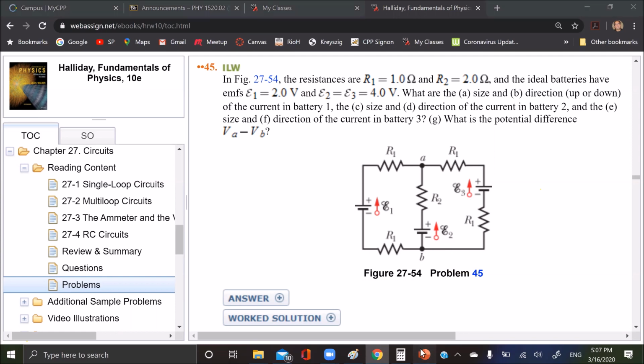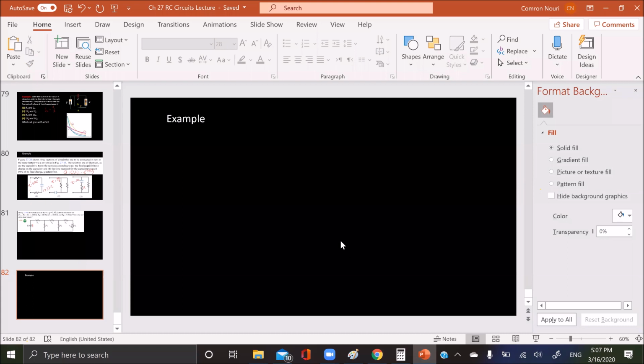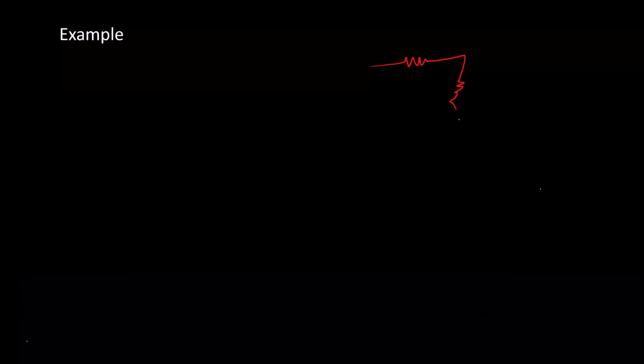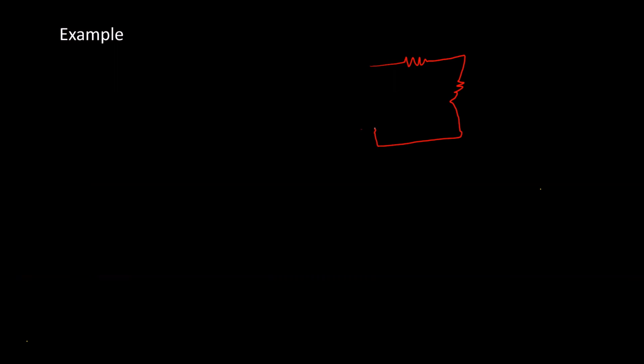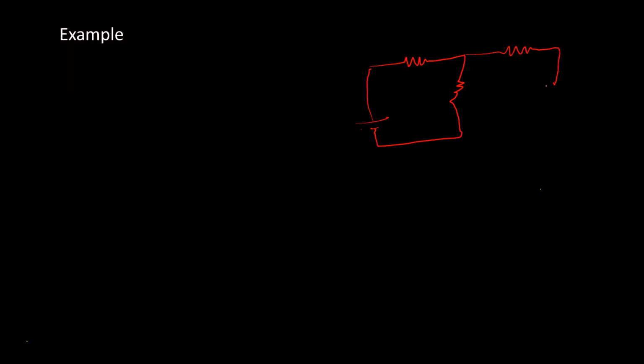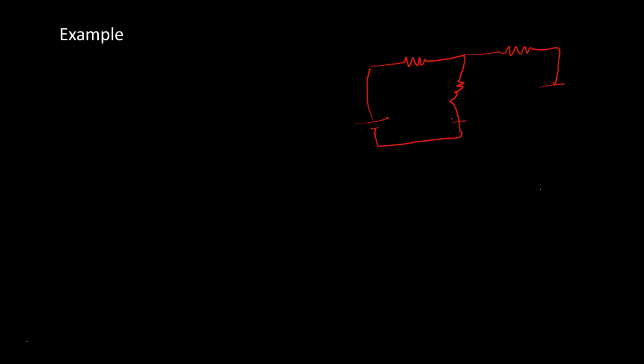So if I go back to this empty page here, I can draw that in here. So we have 2 ohm here, 2 ohm here, and we have 2 volts in here, and 2 ohm here, and here also we have a battery.